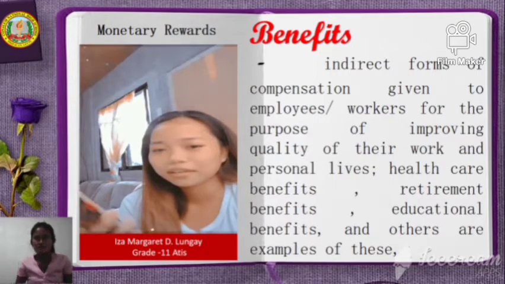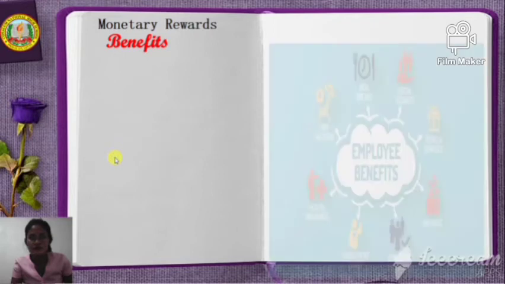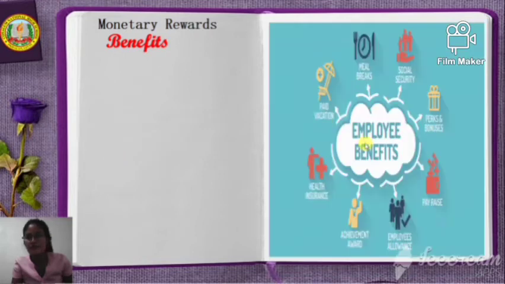Okay, so I mentioned to you a while ago that there are some plans in some other companies offered to some of the employees. So those are the benefits. Retirement benefits, retirement fees are benefits. Educational benefits are benefits that an employee might get from the company. As an example, we have here the employee benefits.